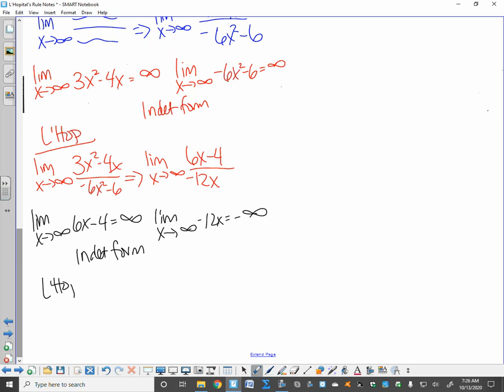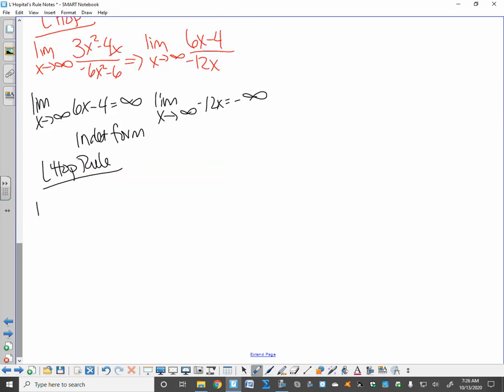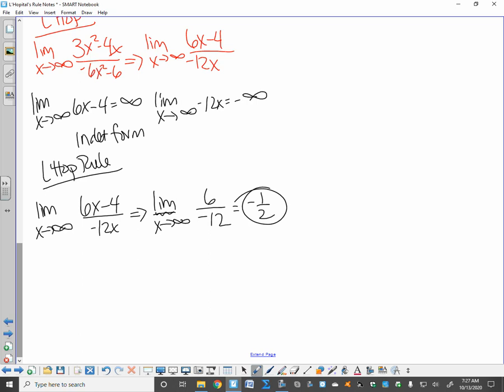So by the power invested in me by L'Hopital's rule, I can say that the limit as x approaches infinity of the derivative becomes, and the limit of a constant is the constant. Just reduced it.